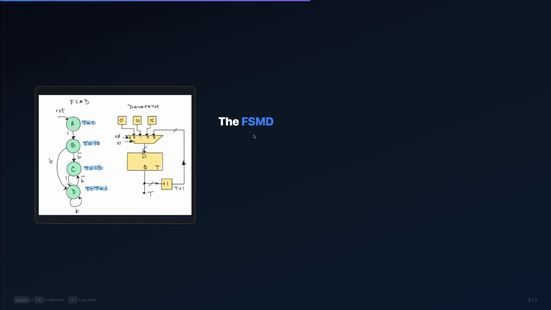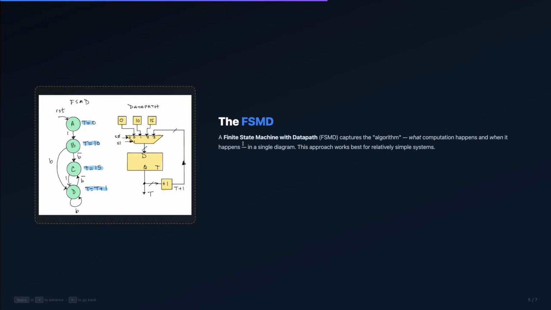That's the general idea. Okay, so a finite state machine with data path, FSMD, the whole idea is this captures the algorithm or the process that you're trying to accomplish with the state machine design. It's all there in a single diagram, and from there you can come up with the hardware realization in a systematic way.